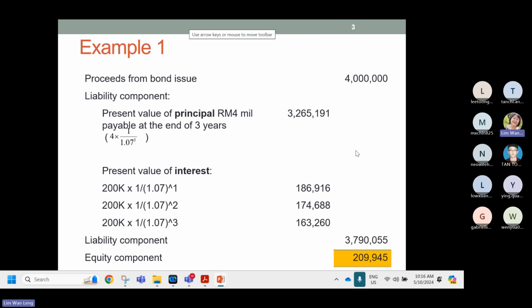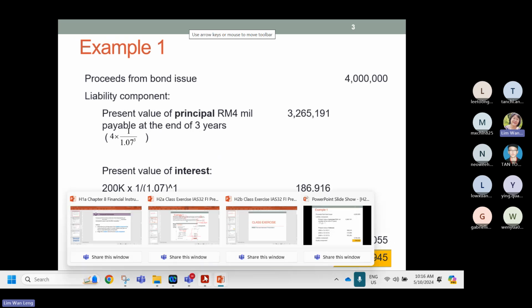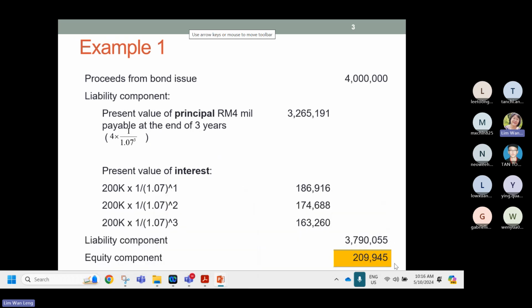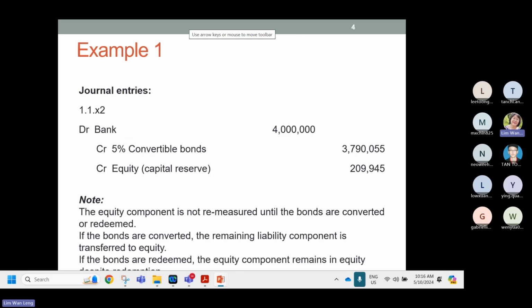You will debit your bank or your cash, 4 million, and then you credit your 5% convertible bonds with 3,970,055, and then you're supposed to credit your equity component with the residual. So this will be your journal entry at the inception.